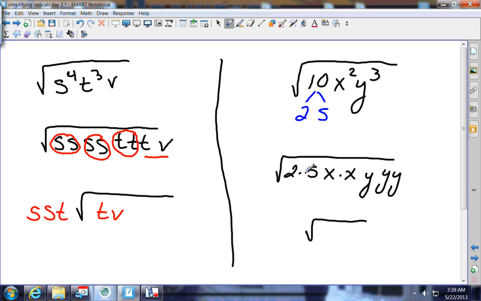Well, do my numbers have a partner? No, it's just 2 times 5. I can leave 10 inside here. You would treat the numbers like we've been doing. Now, there are 2 x's, so that means one of the x's comes out. There are 2 y's, and then there's one more y left over.